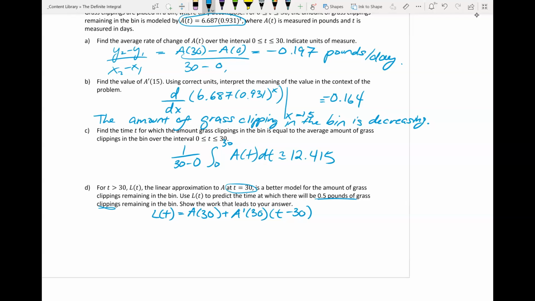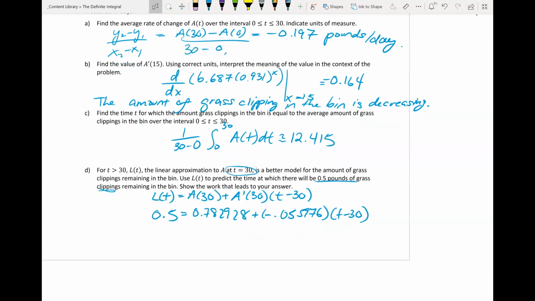If you calculate A of 30, you should get 0.782928. A prime of 30 is negative 0.055976. And then we have 0.5 pounds. Okay, so I'm just going to rearrange this and solve for t. So t, if you rearrange and solve, should be about 35.054 days. That is your final answer.